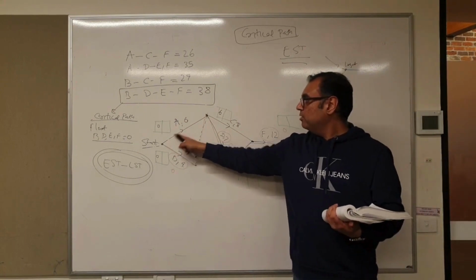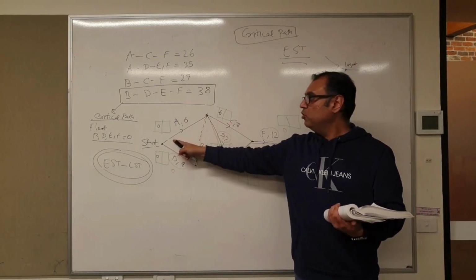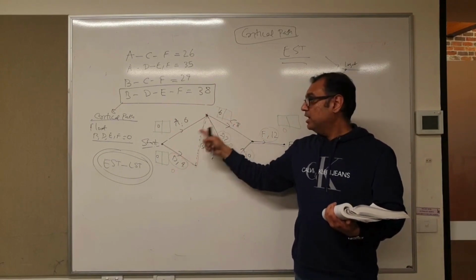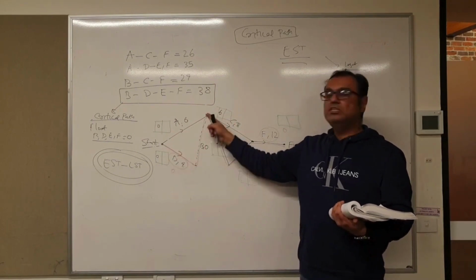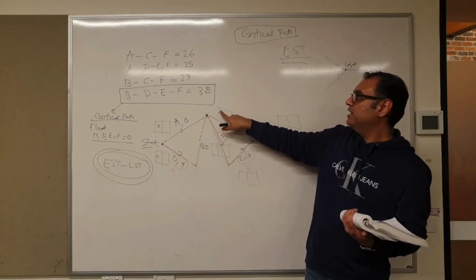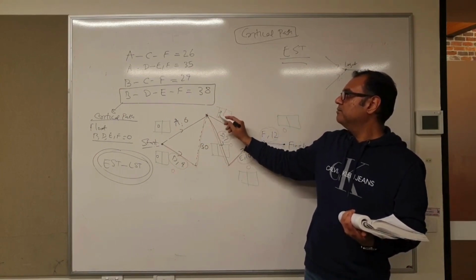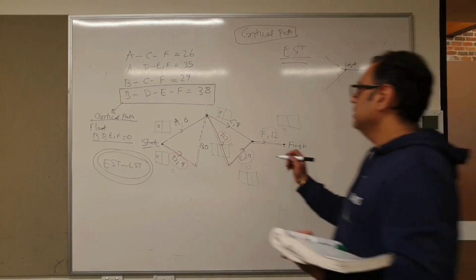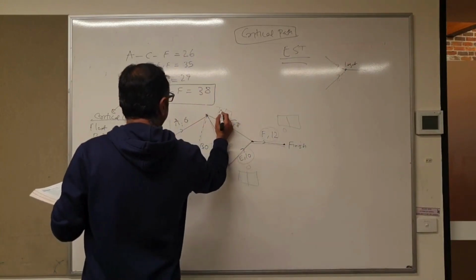In order to reach C, you go from A to C, you took 6 minutes. Another direction is you go from B to C, you took 9 minutes. So rather than writing a 6, you write a 9 here, because 9 is the largest value. All good? So this is 9.